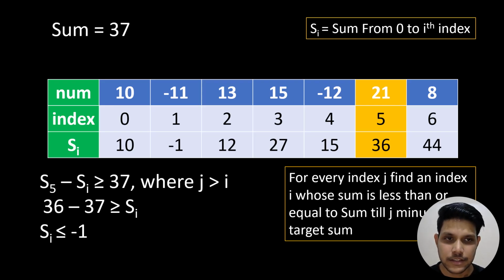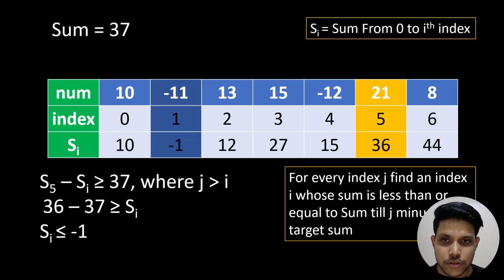In this case, we are at index 5. We put all the values, and now we need to find an index where the sum is less than or equal to minus 1. Do you see any index before index 5 where the sum was less than or equal to minus 1? Yes, we do see that it is index 1.